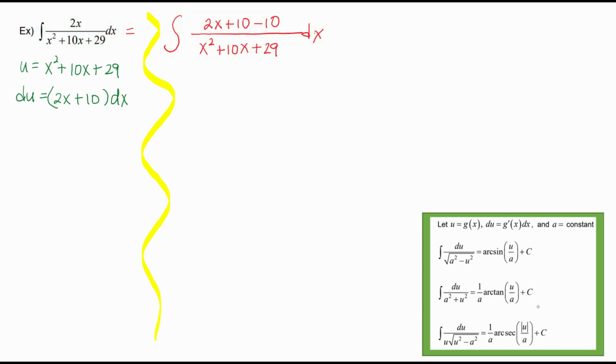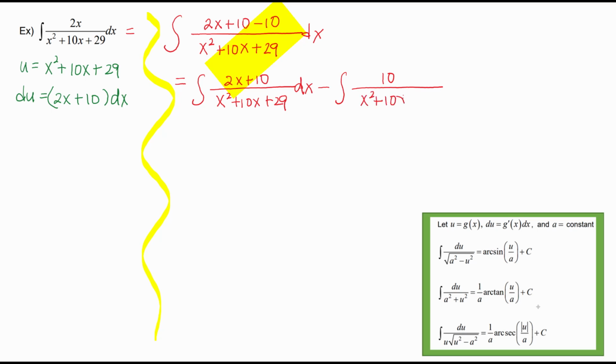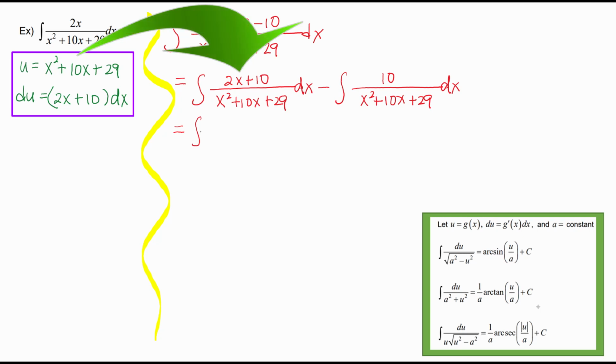However, now I could separate this integral as the integral of 2x plus 10 over x squared plus 10x plus 29 dx minus the integral of 10 over x squared plus 10x plus 29 dx. So now, as we set it with the green, you have an integral of, what's 2x plus 10 dx?